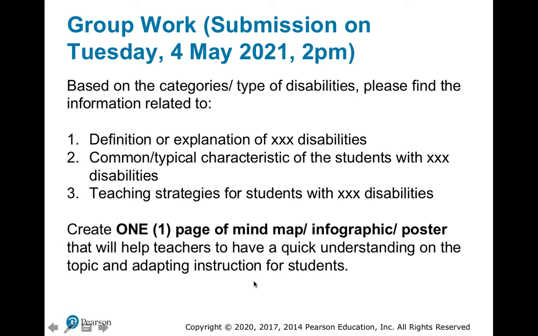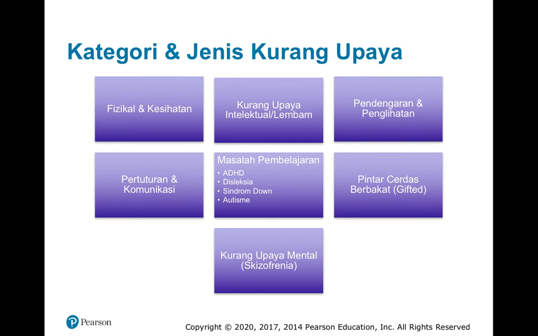So you need to submit the infographic by 4 May 2020, Tuesday, before 2 p.m. at goals. So I think that's all. Okay. You need to discuss and do some revision. Okay, come out with the mind map so that you can understand the problem, okay, experienced by these students.